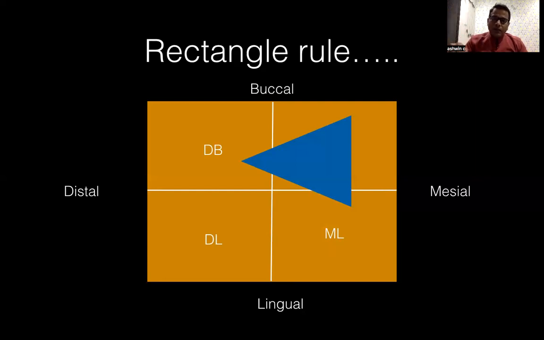Where will you find the mesiolingual canal? It will never be below the mesiolingual cusp. It will be somewhere in the middle or a little on the lingual side of the middle. Understand? So the majority of the access lies in the mesiobuccal quadrant. The most important part of your tooth will be the mesiobuccal quadrant.